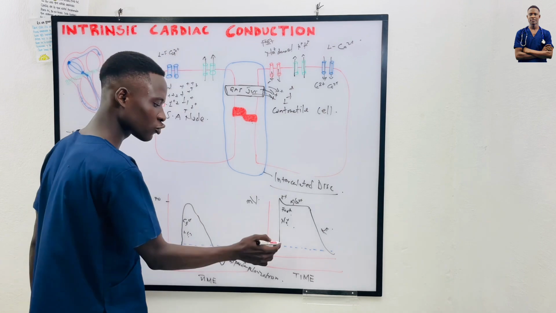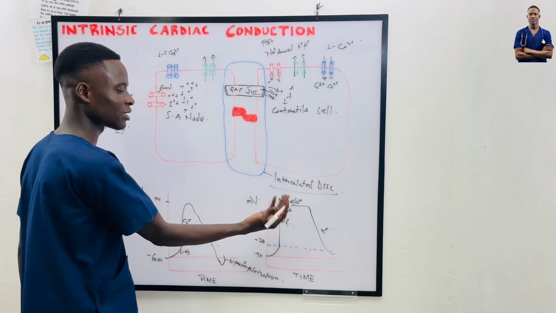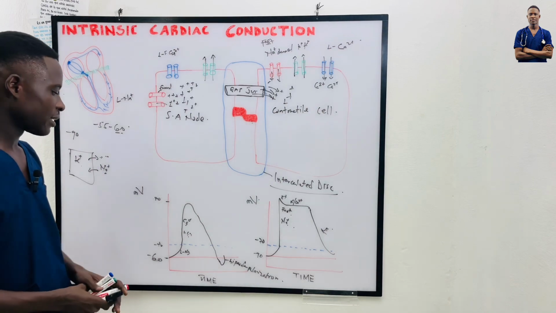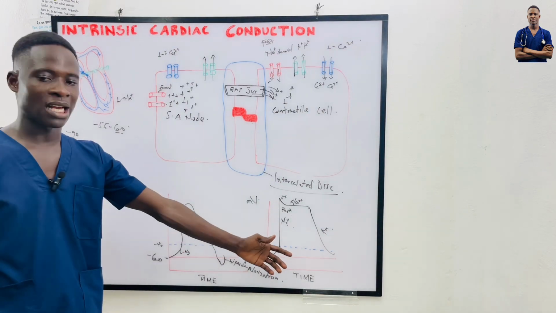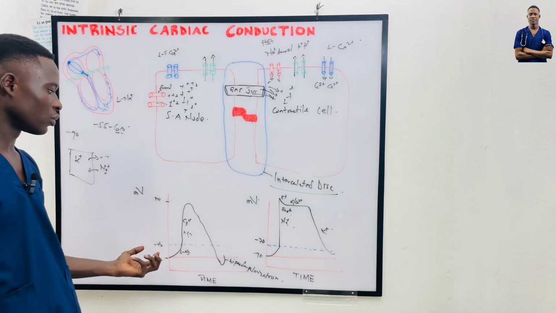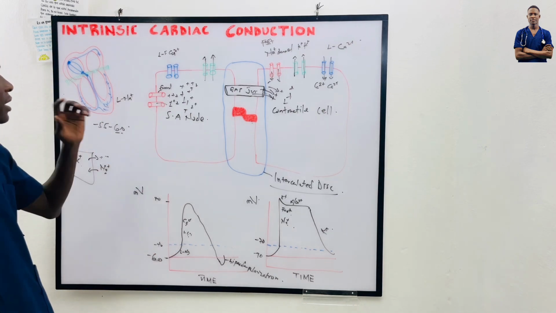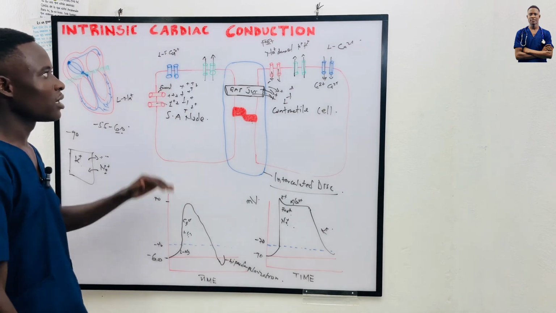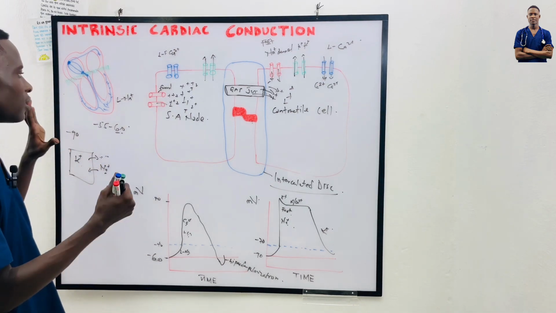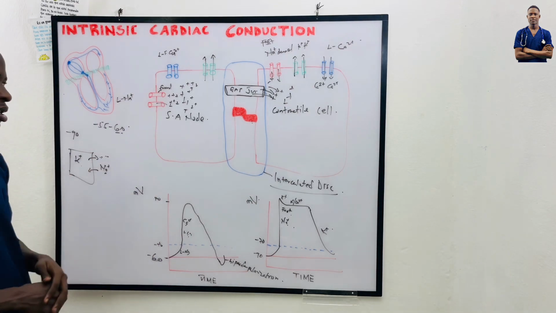So the more sodium in here, boom, you get the generation of the action potential at a faster rate than this, which is at a low rate. So basically, this is the intrinsic cardiac conduction that you must know, the details around this one.